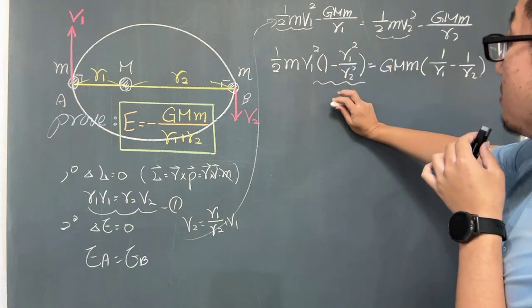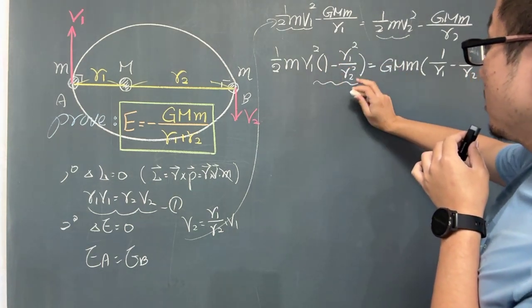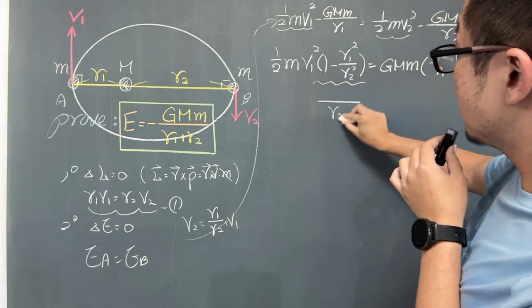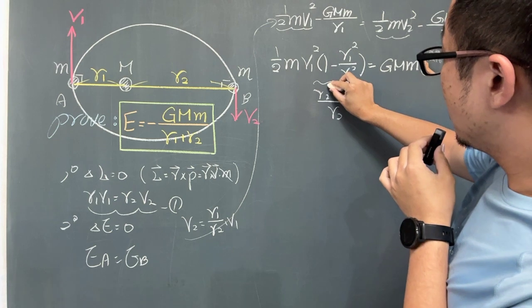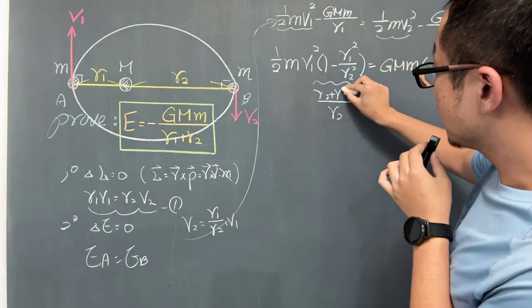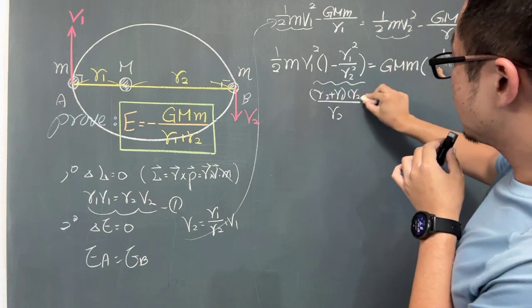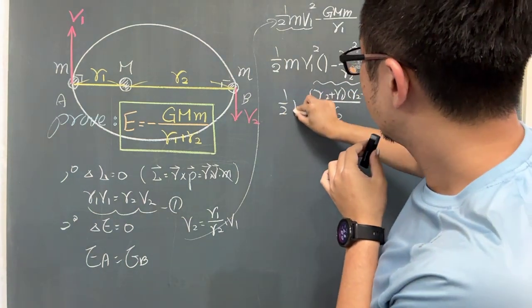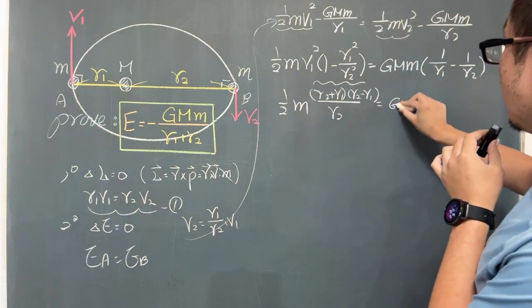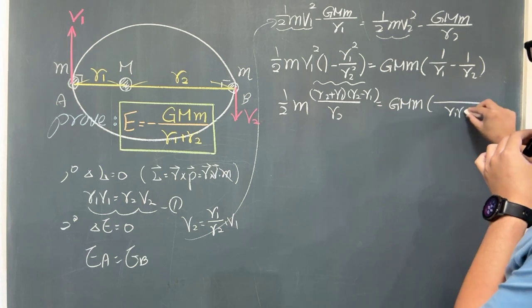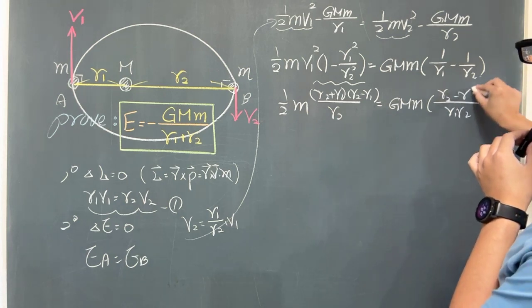All right, for this term, 1 minus r1 squared divided by r2 squared, it could be further expressed as r2 squared minus r1 squared, and that is r2 plus r1 times r2 minus r1. Which is now equal to G times mass, and r1, r2 minus r1.